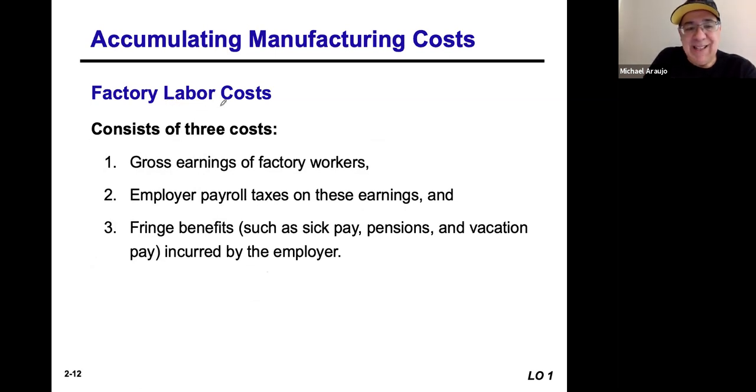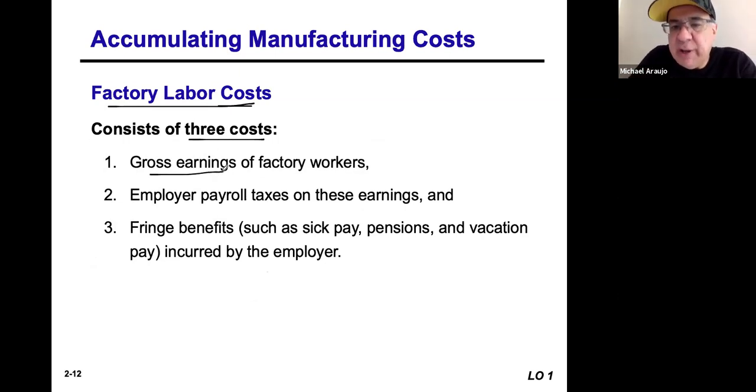The next thing is to make sure we're accounting for all of the factory labor. Factory labor really is about three specific costs. Your gross earnings of the factory workers that are making the products. The payroll taxes we have to pay as an employer on those earnings. And any fringe benefits that we also need to pay the factory workers based on that work.